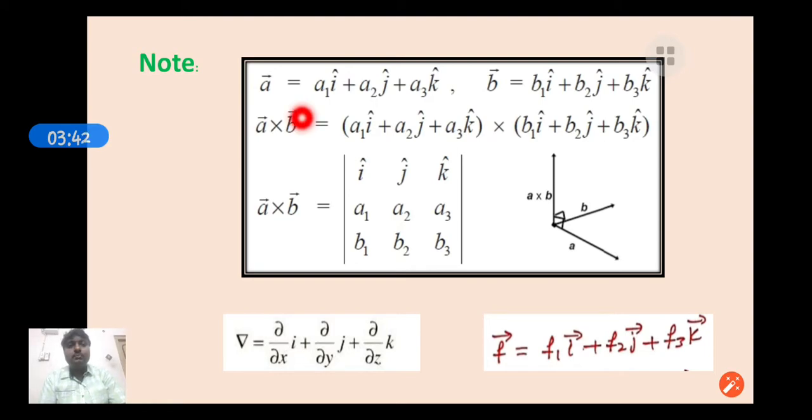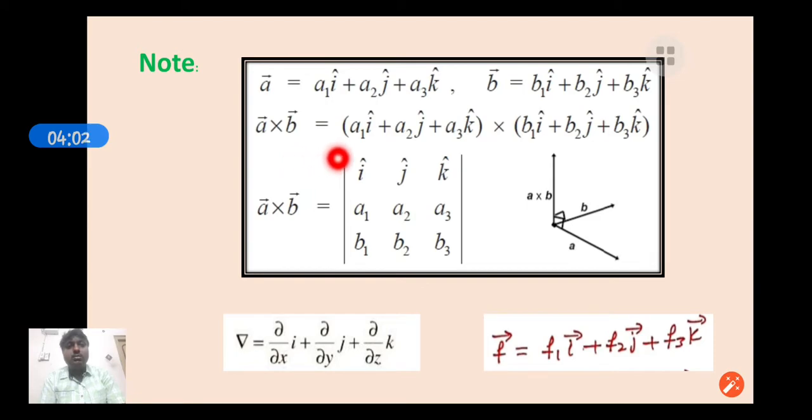I take a bar equal to a1 i bar plus a2 j bar plus a3 k bar, and b bar equal to b1 i bar plus b2 j bar plus b3 k bar. These are two vectors. Now I define the cross product a bar cross b bar.